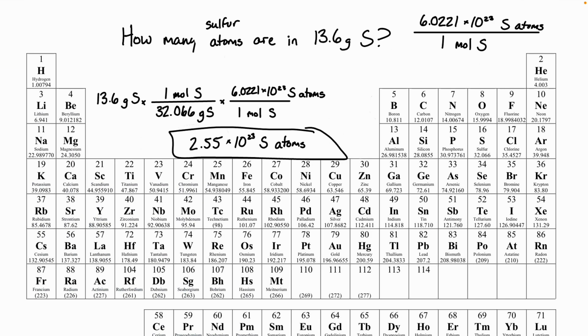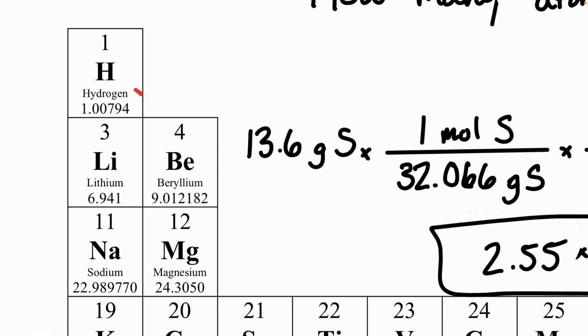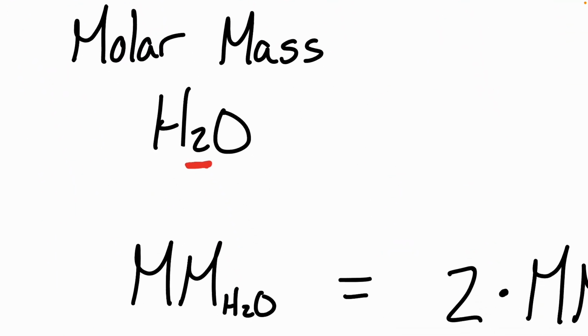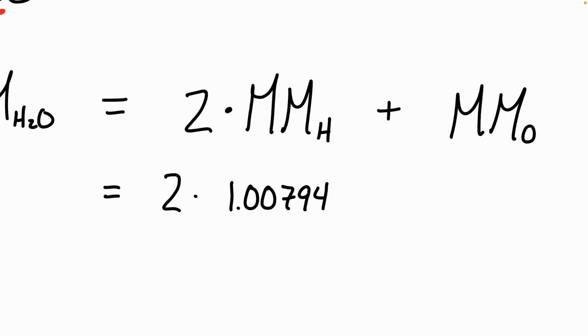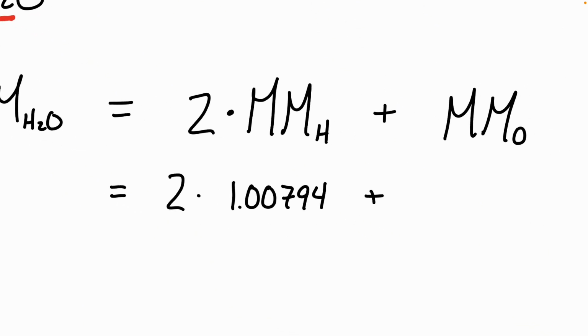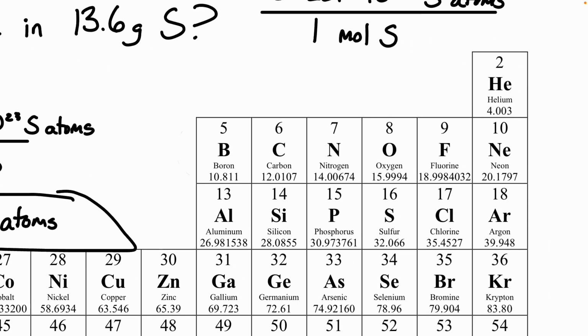All right, so my periodic table here, I'm going to look for hydrogen, the smallest element, 1.00794. And now I'm going to add the molar mass of oxygen, 15.9994.